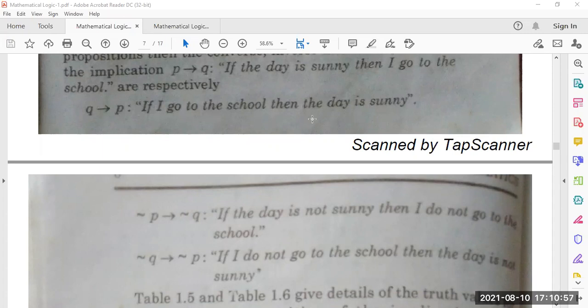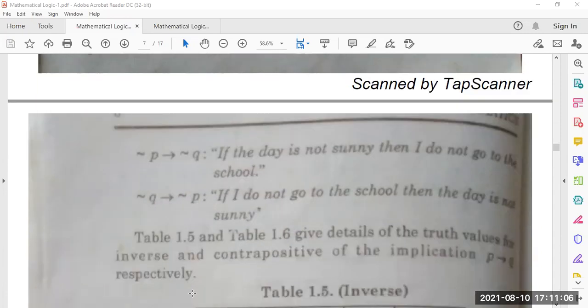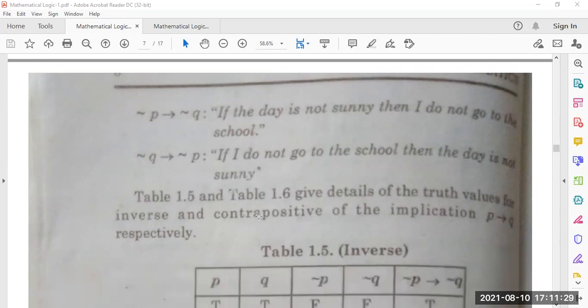I think not, no? It is not relevant. If the day is not sunny, then I do not go to the school. It is not relevant. If I do not go to the school, then the day is not sunny. It is quite okay. So from this kind of small propositions, it will be very good to understand.